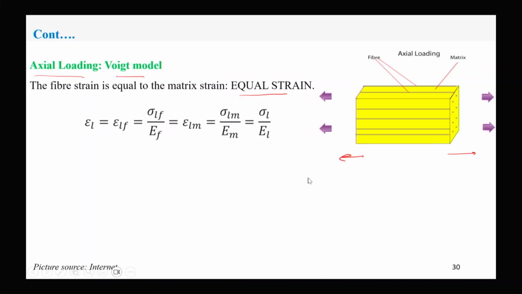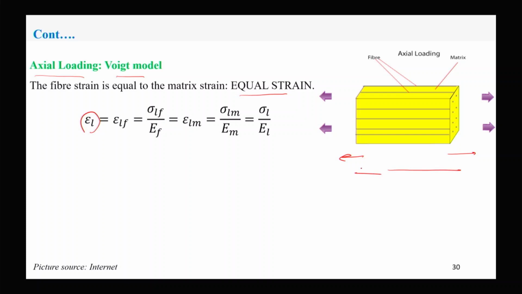Okay, and here you can see epsilon L is the strain of matrix, which is, epsilon LF is the strain of fiber. So they are equal. So strain of fiber we can calculate as stress of fiber divided by fiber modulus.